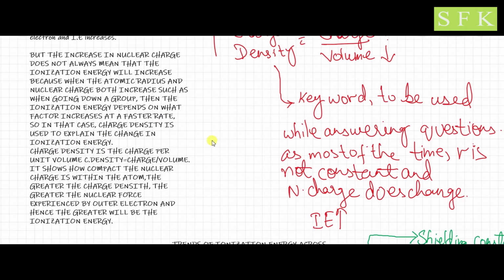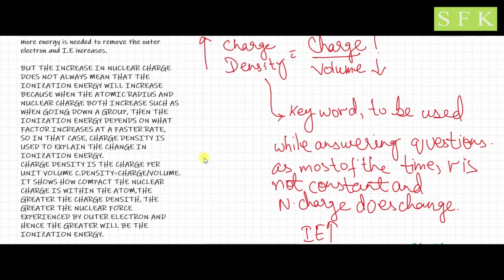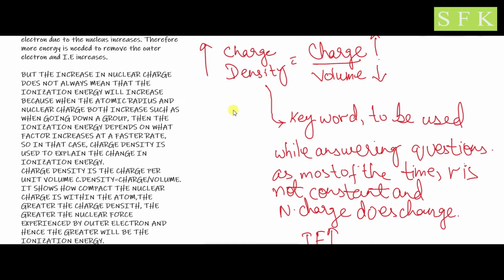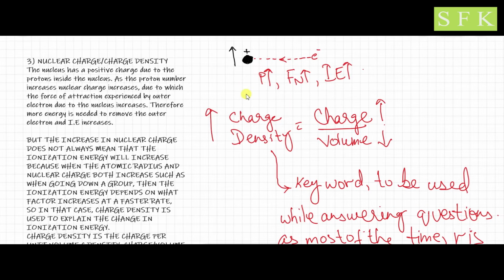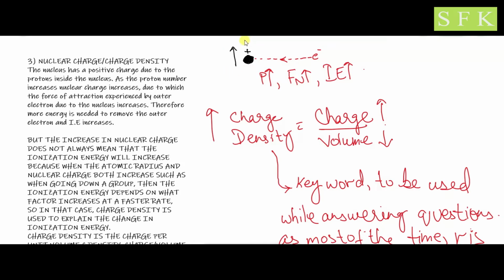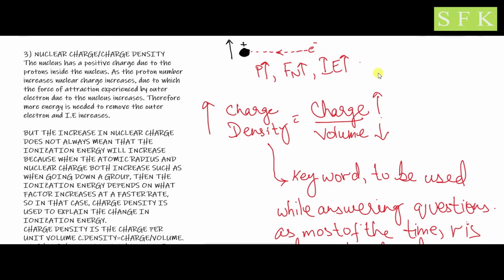Okay, so basically up here we were considering the effect of the nuclear charge alone on the ionization energy. If we increase the nuclear charge, the nuclear force increases and the ionization energy increases. Now, but what if the nuclear charge is increasing, but the atomic radius is also increasing?